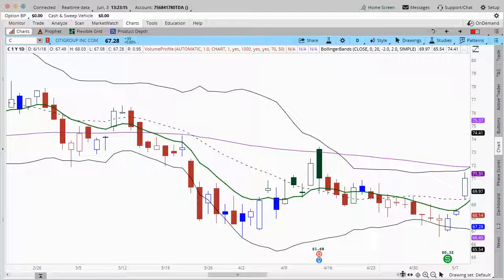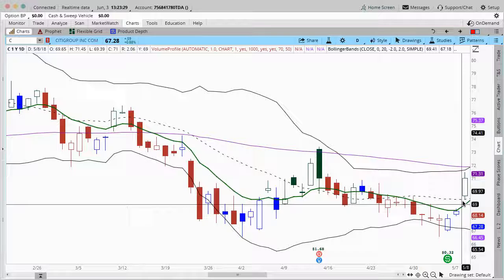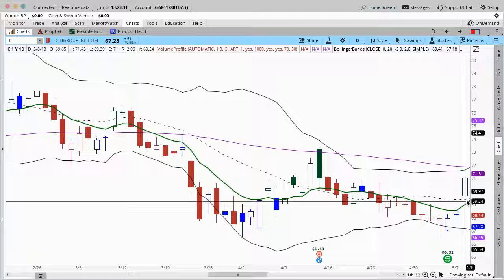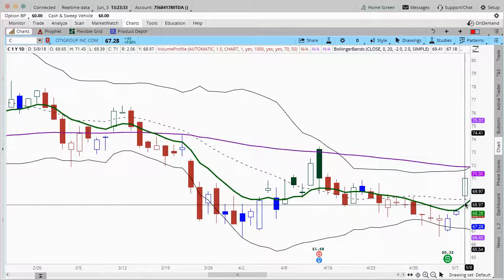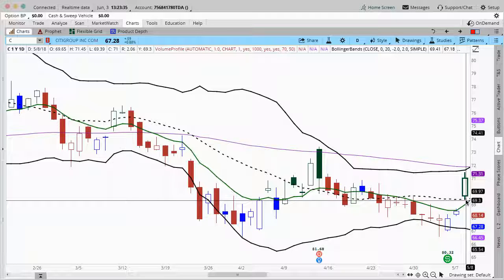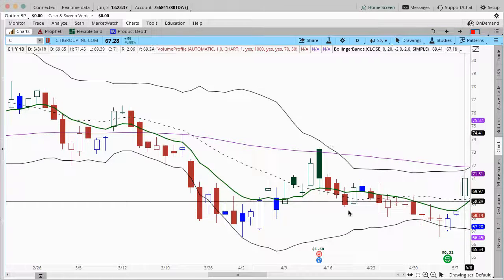And then we do. And then you feel that. If you're short there, you're scrambling to cover. If you're a breakout trader to the long side, you're like, okay, maybe this thing can go. We have a floor here at 69. If we close back under the 10 and the 20.